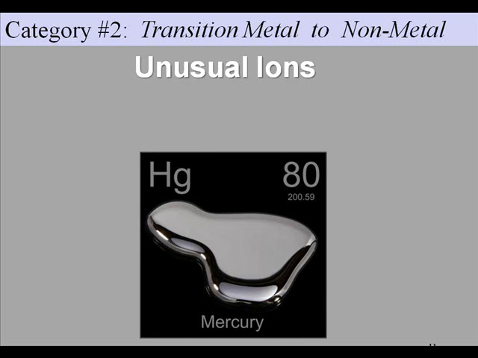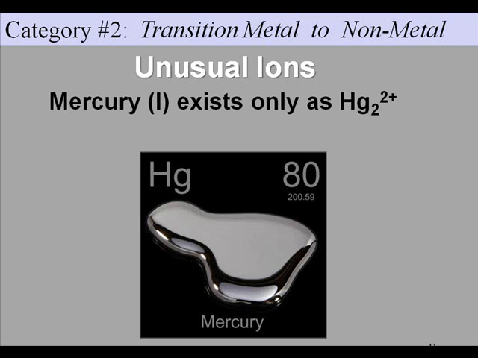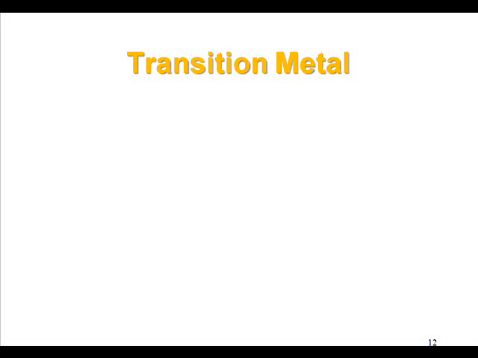Now, what makes them different is transition metals sometimes can achieve two different ion states. For example, mercury can achieve a +1 or a +2 state.